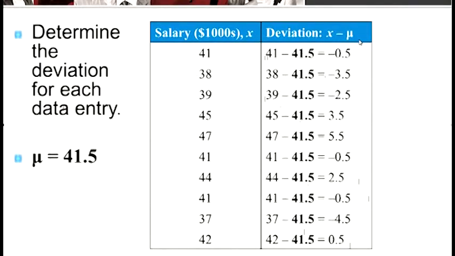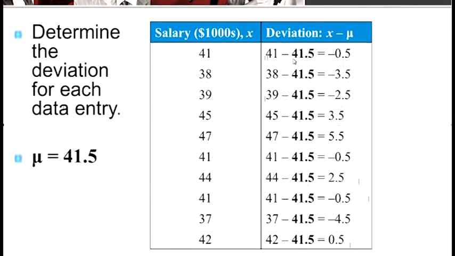Now, an interesting thing happens if you add up all of these deviations, which is indicated by this expression right here, the sum of x minus the mean. x is my individual data value, minus the mean, which is the average. If I add up all those values, it always comes out to 0.